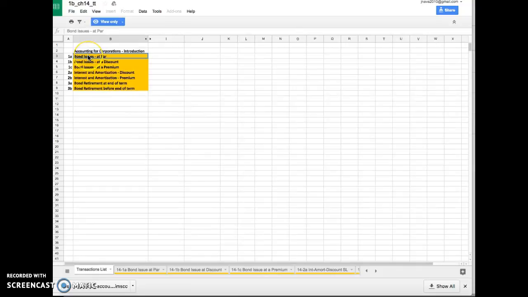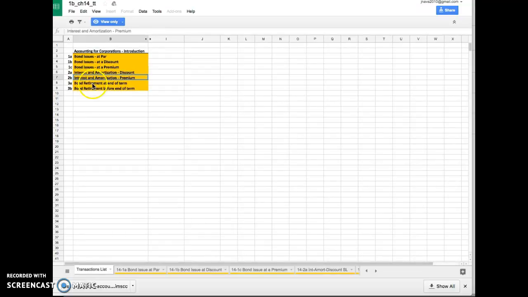By the way, you're looking at the index of the tabs in this worksheet, and so if you go to tab 1A, that's issuing at par, tab 1B at a discount, premium, but there's also 2A and 2B amortizing the discount, plus calculating interest based on the discount scenario.